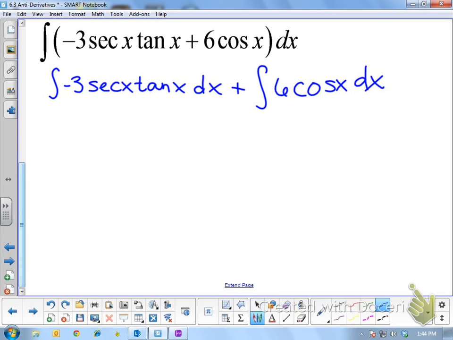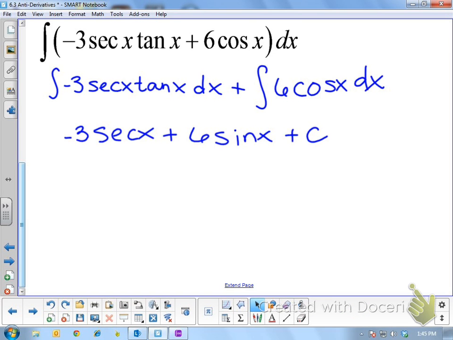So we have -3 secant x plus 6 sine x plus c. How could I check my answer? Take the derivative of it and it would check your answer. If I took the derivative, we know the derivative of secant is secant tangent, and we just leave the constant there.